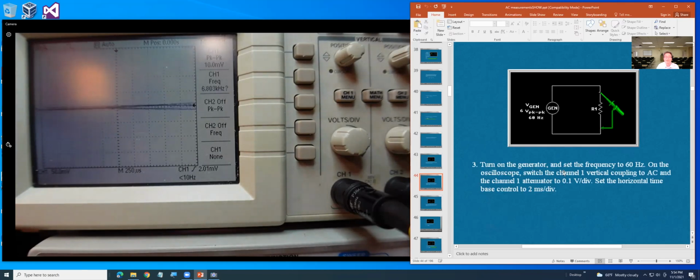They want to turn on the generator, set the frequency to 60 Hz, and on the oscilloscope switch the channel 1 vertical coupling to AC or whatever. Now, this instruction you cannot apply to what we're doing for now.